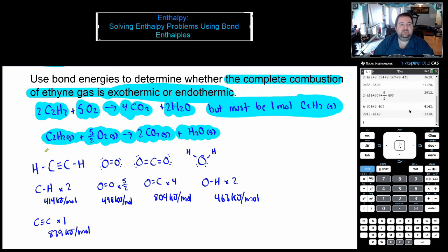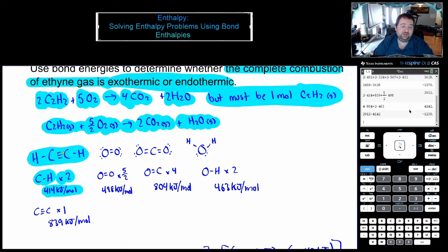And of course, the next step is to look at C2H2 and draw it out. So there's your C2H2. And you would then see that there's some carbon-hydrogen bonds. There's 2 of them per mole, so how many bonds? There's 2. And each of those bonds has 414 kilojoules per mole of dissociation energy.